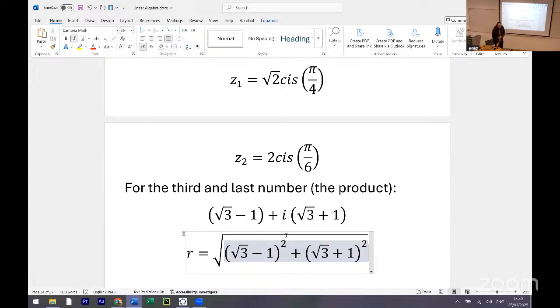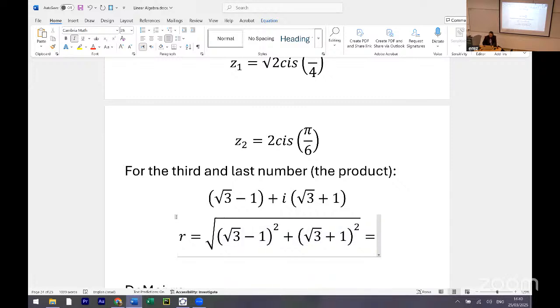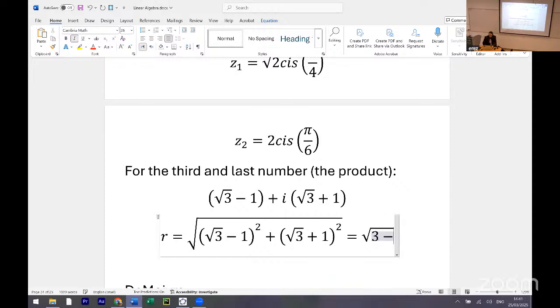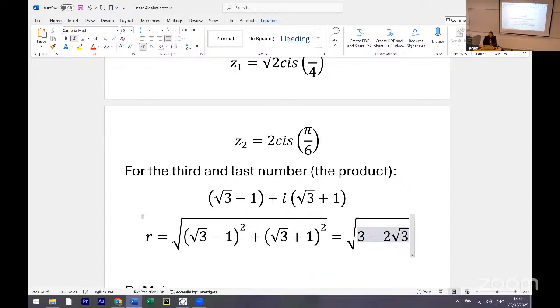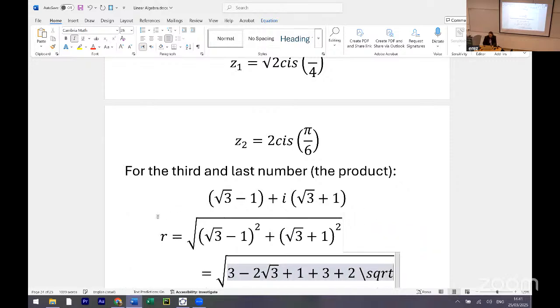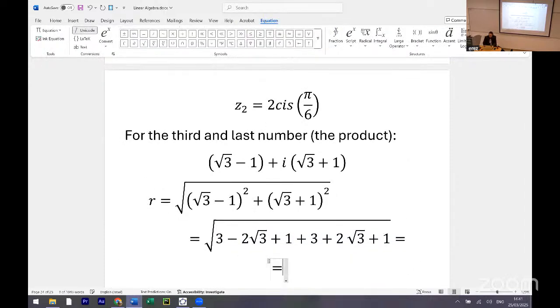Okay, the square root of 8. So this is supposed to be true, let's make sure that it's true. It's the square root of 3 minus 1 squared plus 3 plus 1 squared, which is, surprisingly enough, the square root of 8, which is 2 times the square root of 2.